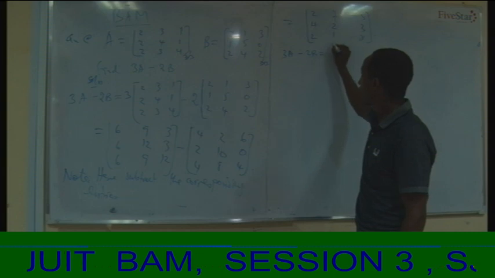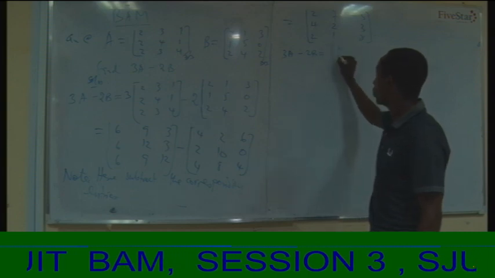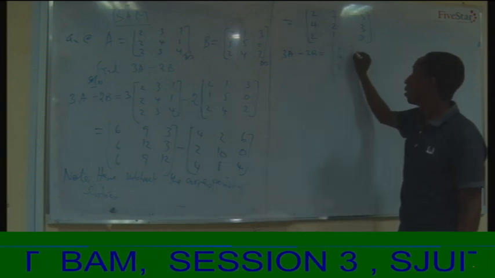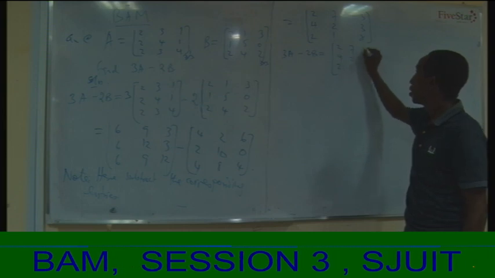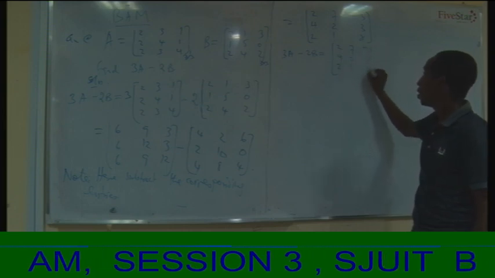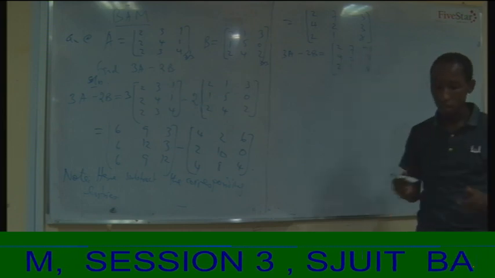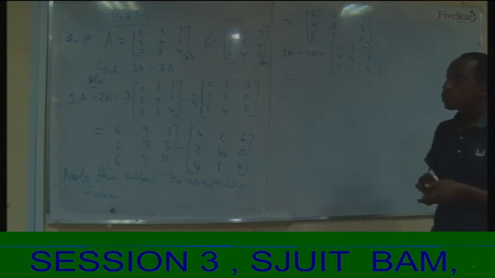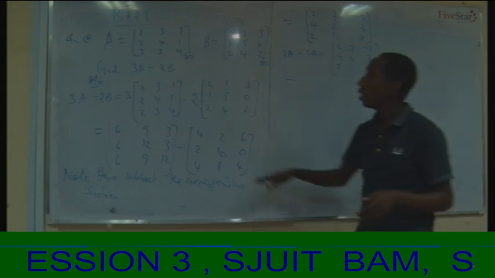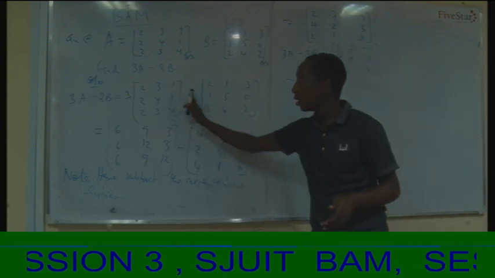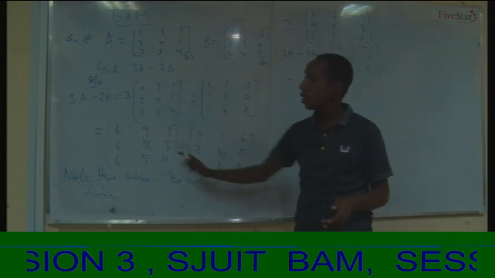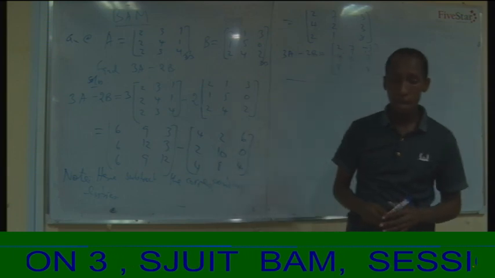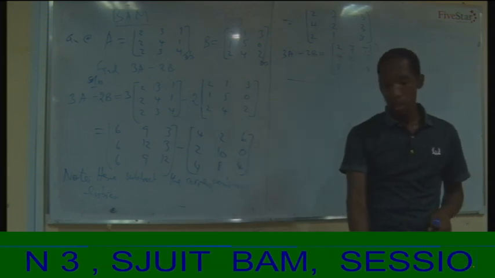This is equal to the matrix 2, 4, 2, 7, 2, 1, negative 3, 3, 8. So this is the answer. What we did here is first find the scalar multiple of a matrix and then subtract the corresponding entries. Okay.